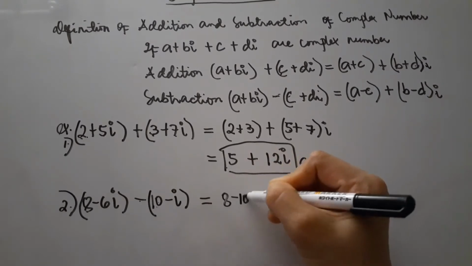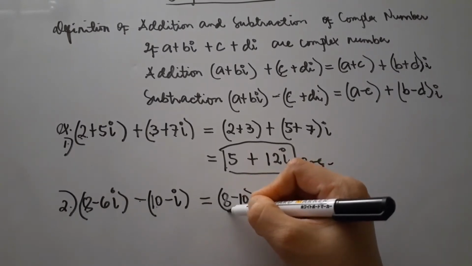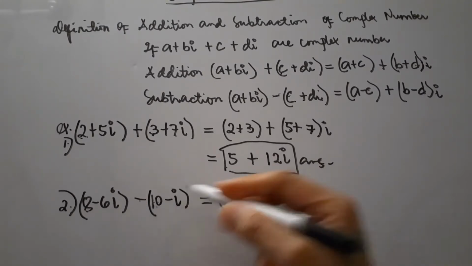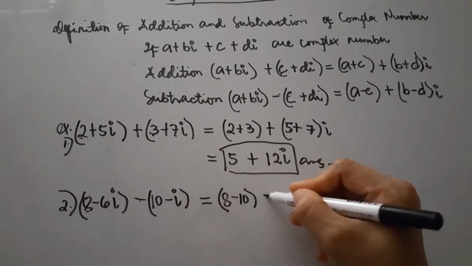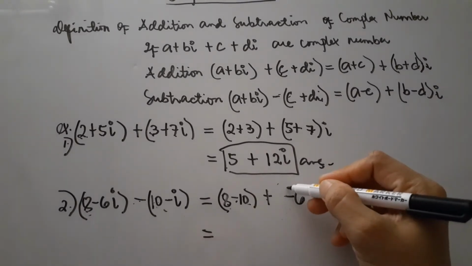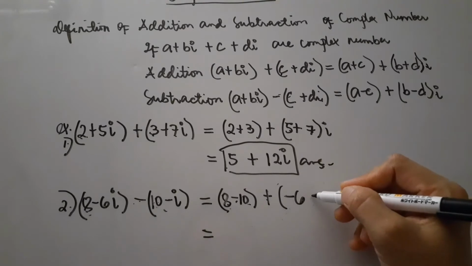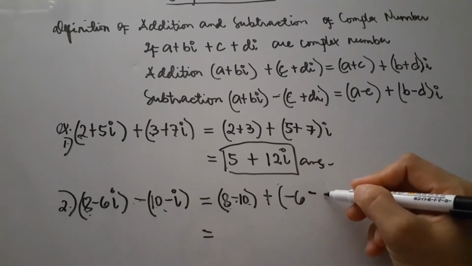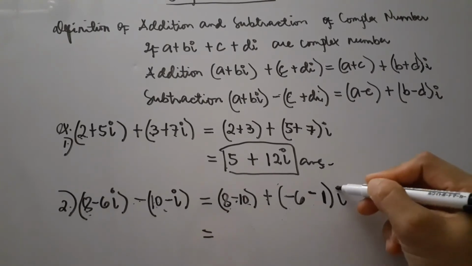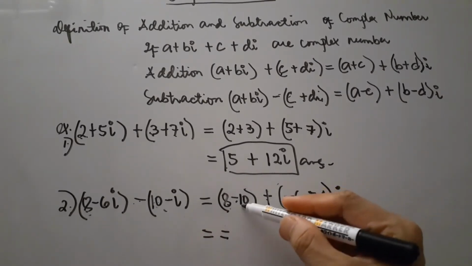So we have 8 minus 10, and then negative 6 minus 1, where the coefficient of i here is 1.